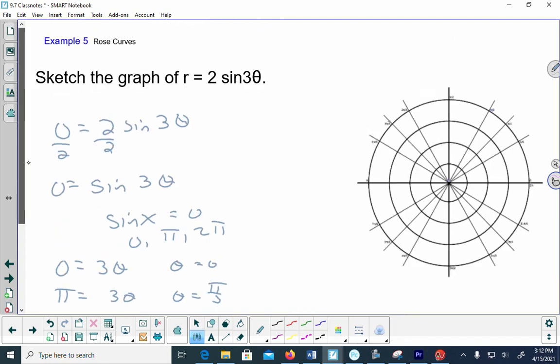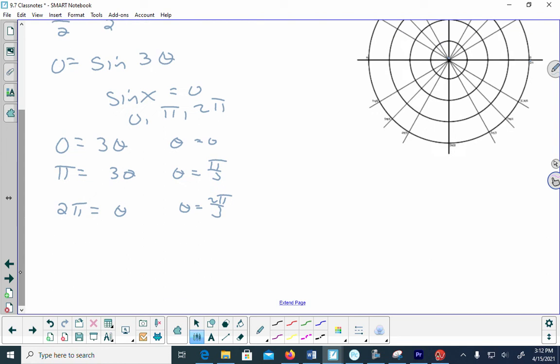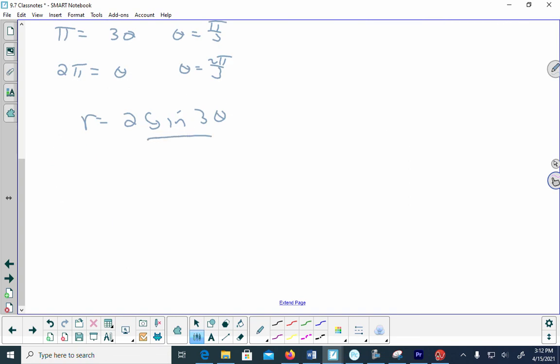Then I'm going to find my max. So I'm going to say r is equal to 2 sine 3 theta. And then I ask myself, when is the sine of x normally equal to 1? And you tell me that it happens at pi over 2.